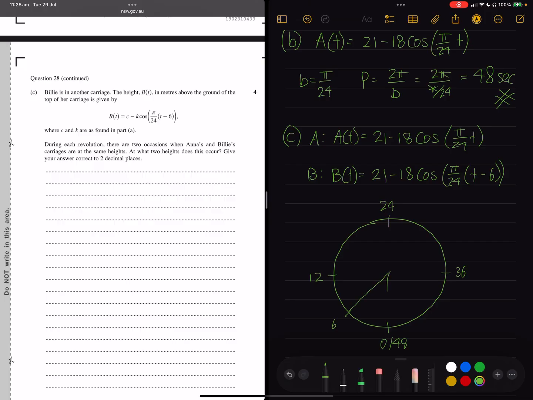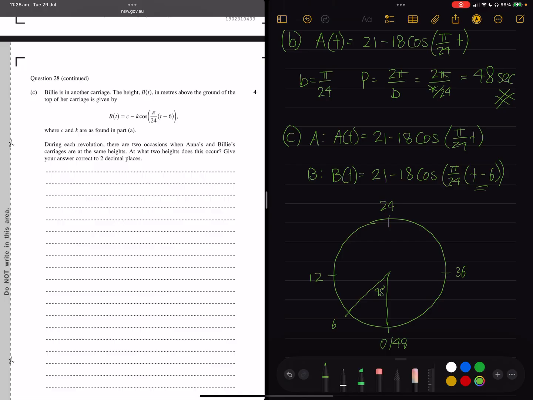Now, geometrically, what this tells us, this is a 45-degree angle. Because this t is shifted by 6 seconds, this means the two carriages that Billy and Anna are in are 45 degrees apart.